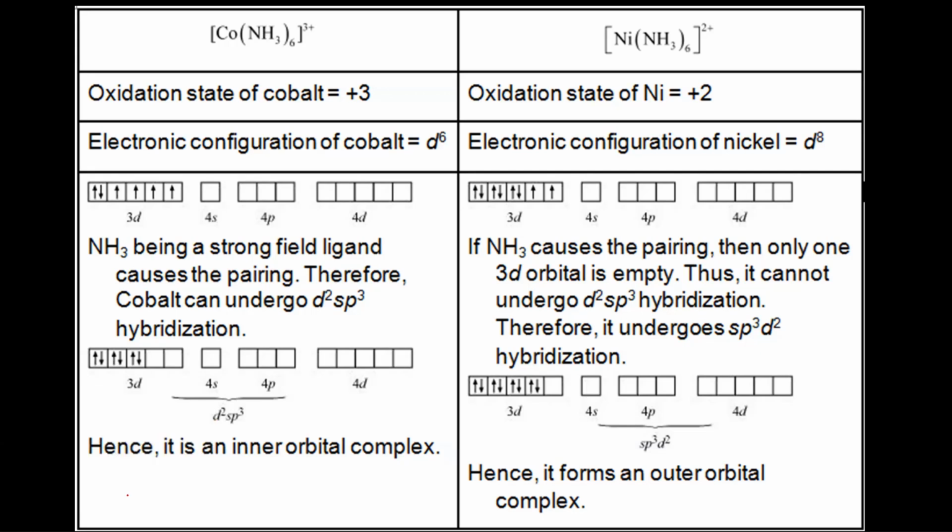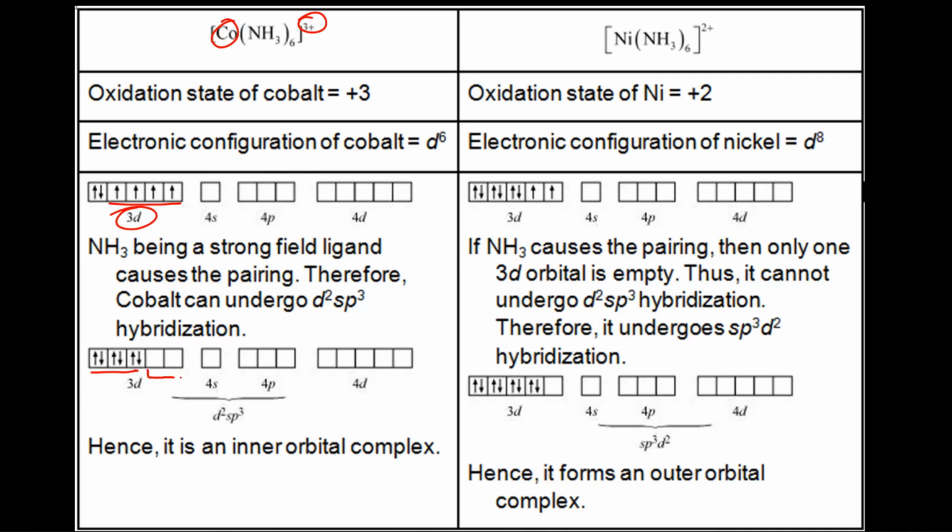In case of [Cu(NH3)6], oxidation state is +3 here. So you will write the configuration here. 4s2 will go away, and 1 electron from here will go away. So you will have 4 unpaired electrons. NH3 is a strong field ligand. Okay, it comes closer. Pairing will take place.